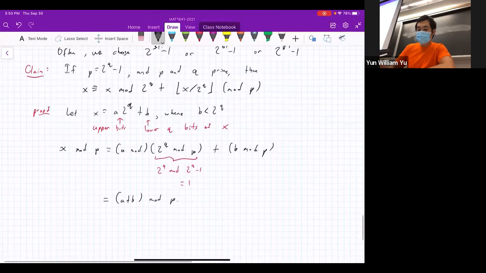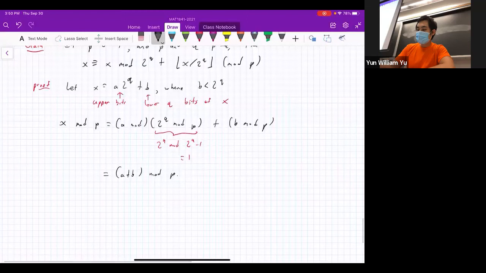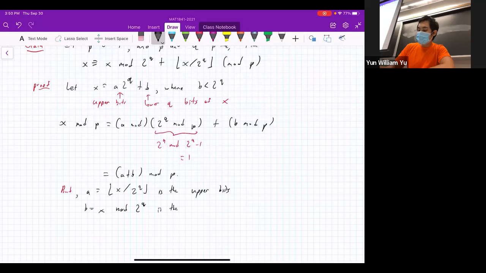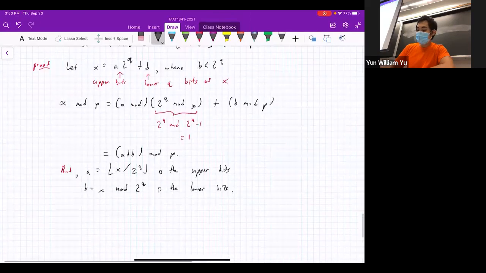But a is just the upper bits, which is x divided by 2 to the q, floor, and b is equal to x mod 2 to the q, the lower bits. And so that completes the proof.